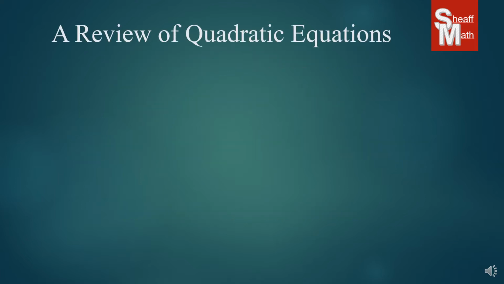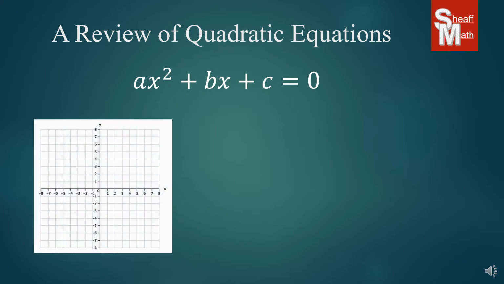Now let's do a little review of what quadratic equations are. This is a generic form of the quadratic equation that we deal with quite a bit, and you've probably been solving these in certain ways. What a quadratic equation makes on a graph is a parabola. When you're solving these quadratic equations, you're trying to locate the x-intercepts.